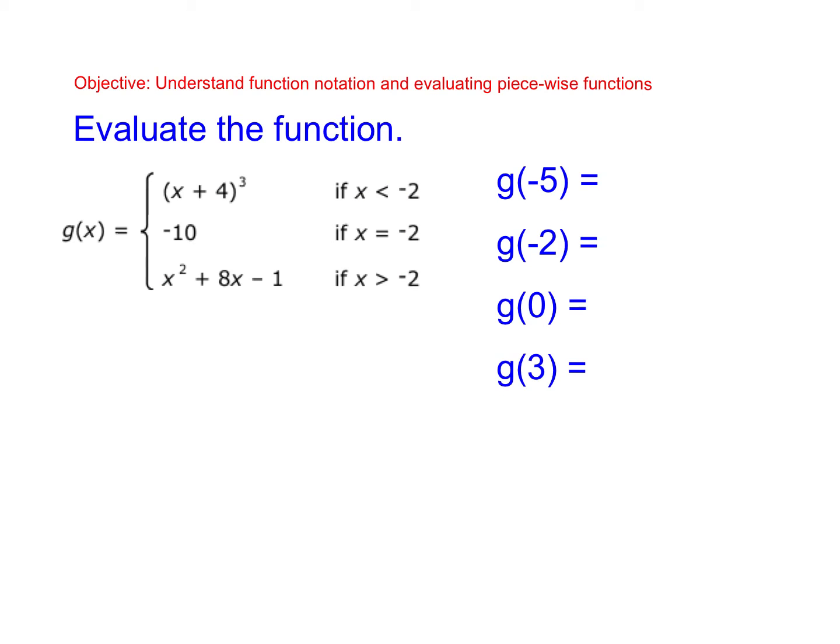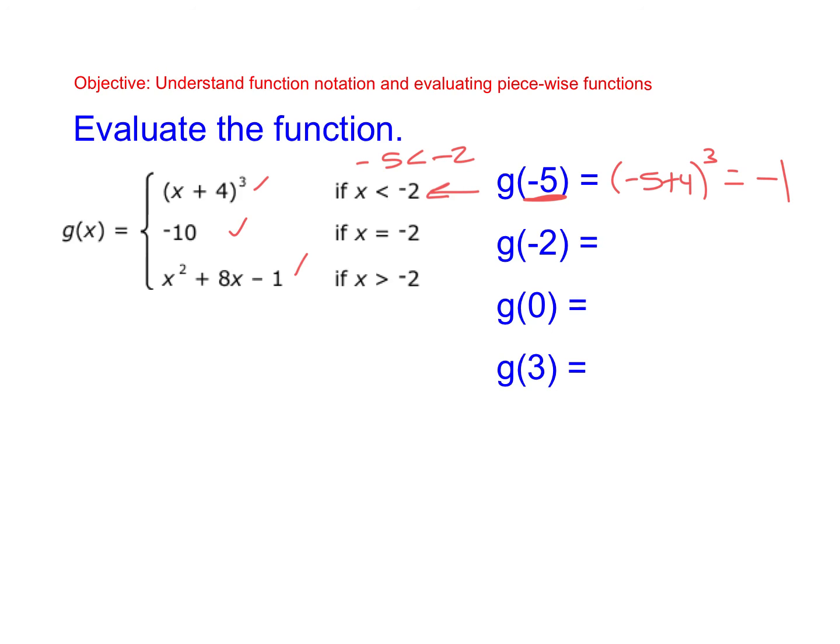All right, so now for this one, these are a little harder, but not overly hard. So g of negative 5. So I have to pick which of the 3 parts am I going to plug into. Where does negative 5 fall? Negative 5 falls in the top, right? Because negative 5 is less than negative 2. So that means I'm plugging into just the top. Right? So negative 5 plus 4 cubed is negative 1.